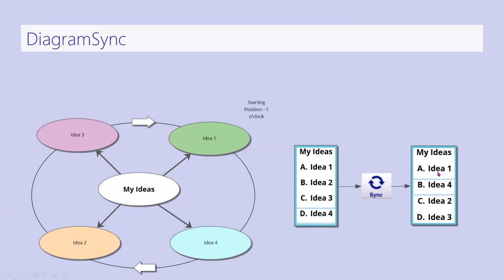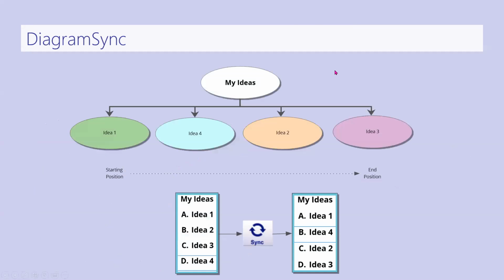So that's one. The next is a tree format, and this is a top-down approach. So they've got their ideas here. Again, I've got it labeled similarly, so idea 1, idea 2, idea 3, idea 4 is representing their order of linking, how they link those ideas up and the sequence of doing that.